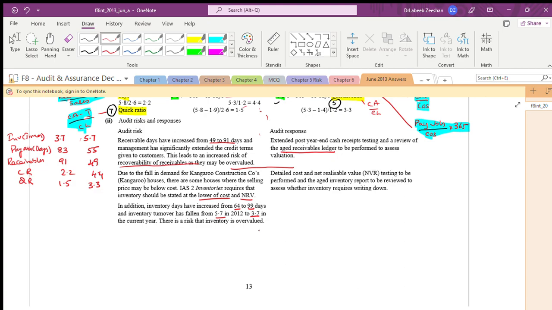Detailed cost and net realizable value testing they will do. And definitely, aged inventory, old inventory report, is to be reviewed. Means whether you have anything which has not been sold. That is the second stage.